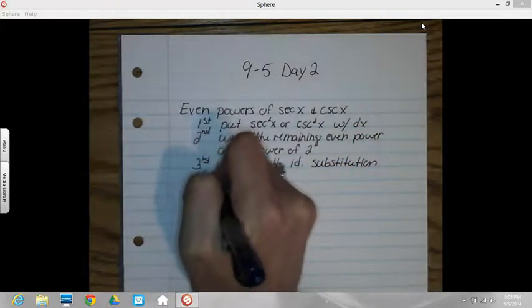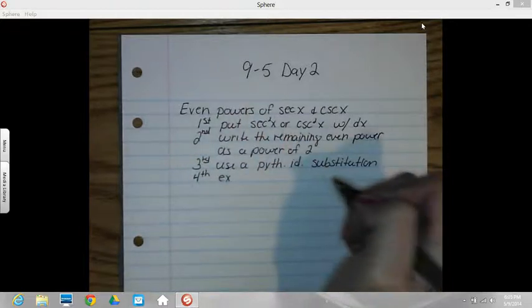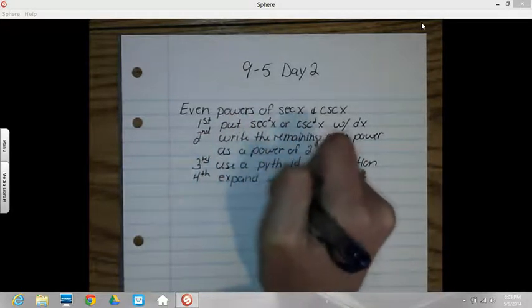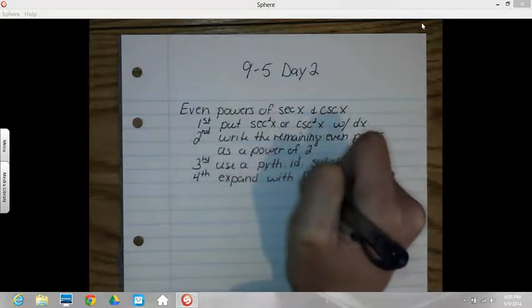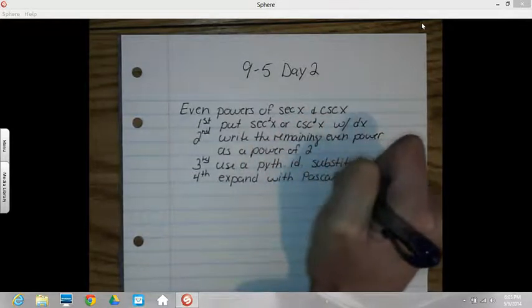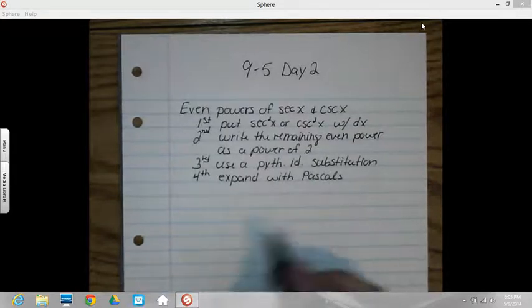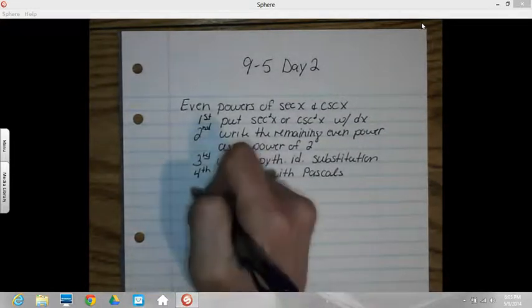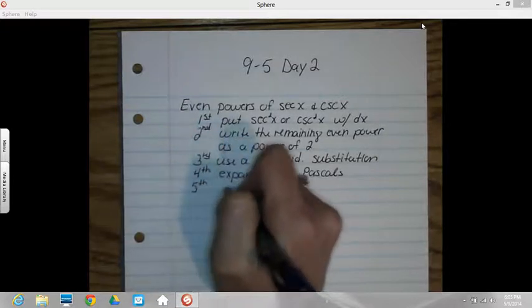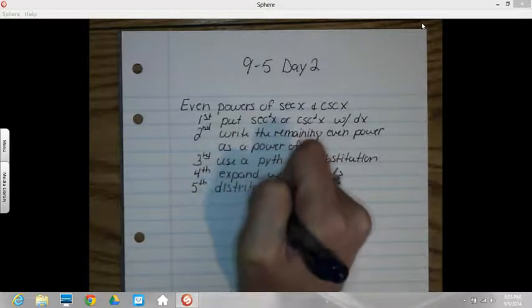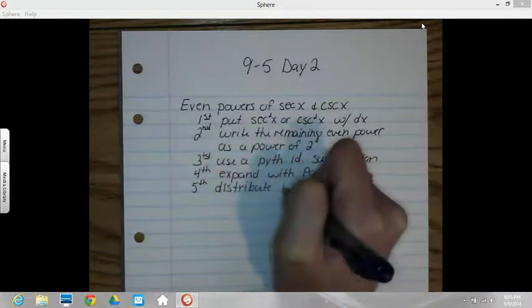Expand with Pascal's triangle if need be. Then you do the distributing and then the power rule integration. So then distribute, and use power rule.